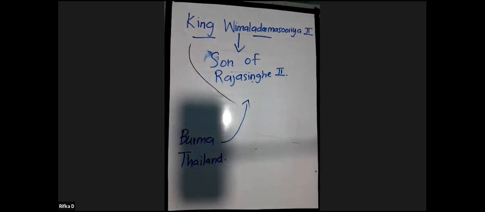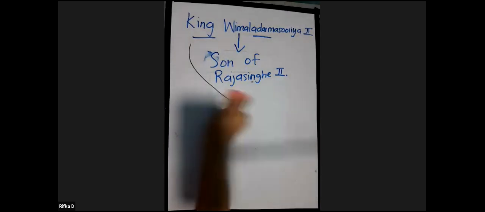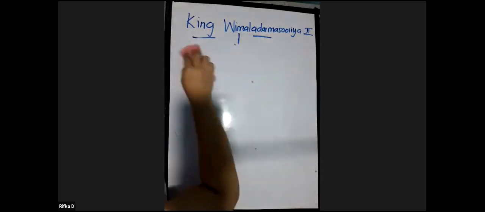So King Vimala Surya II, who ruled the Kandyan kingdom, passed away in 1707. After the death of Vimala Surya II, who became the king of the Kandyan kingdom?